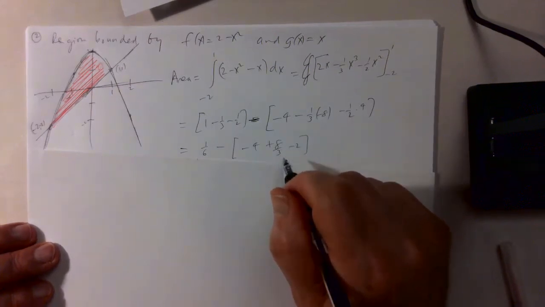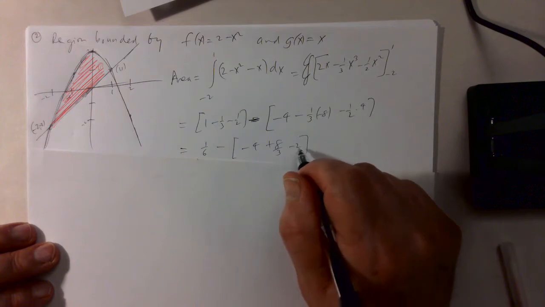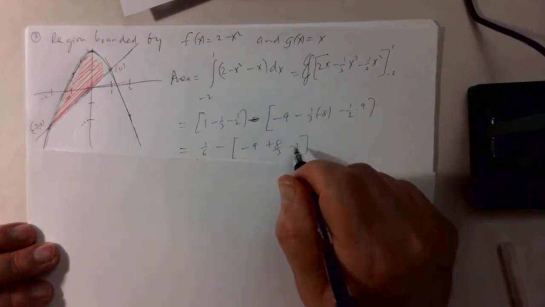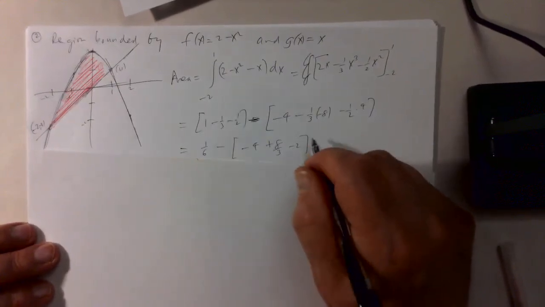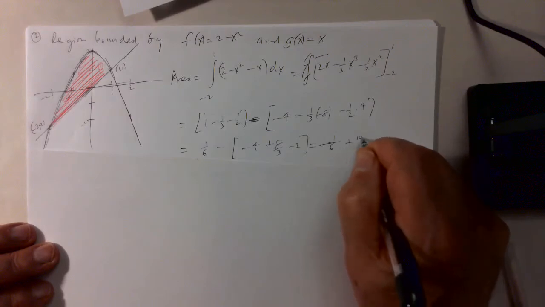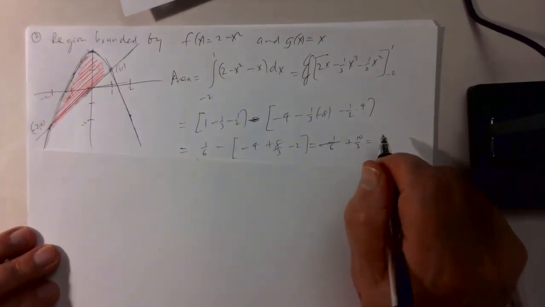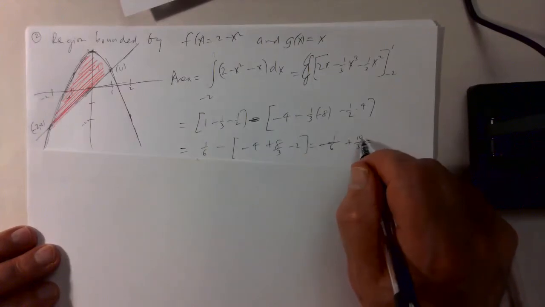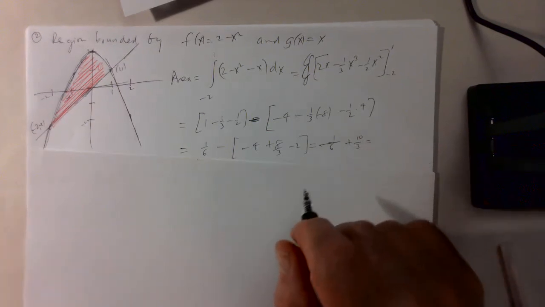That's 8/3 minus 6. 6 is 18/3, so it's minus 18/3 plus 8/3. That's minus 10/3. Let me just double check the arithmetic.